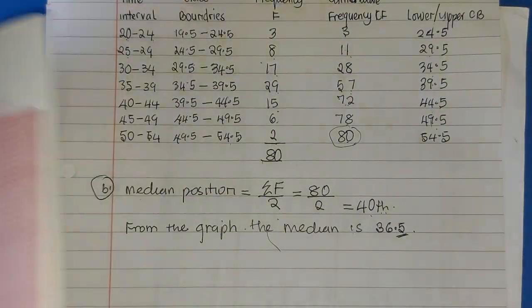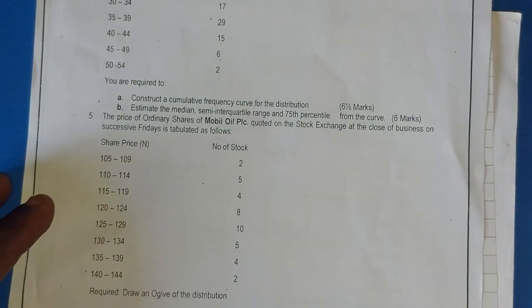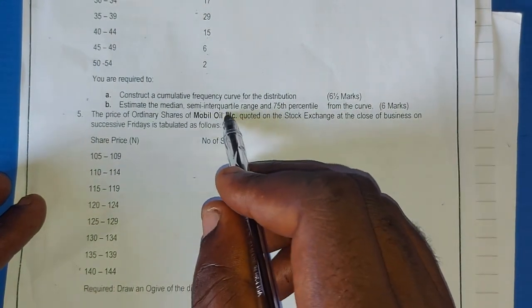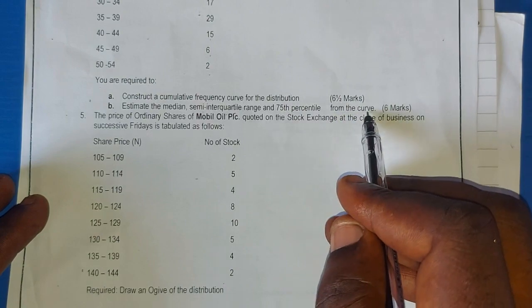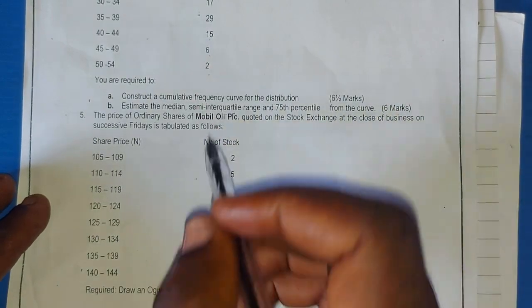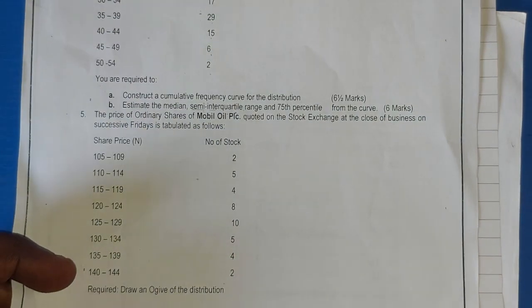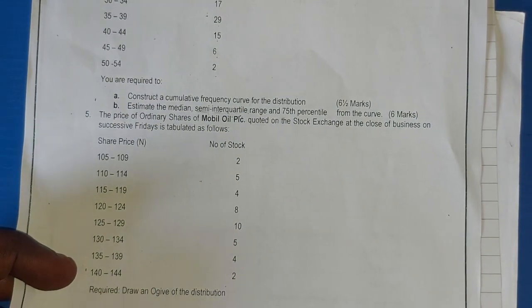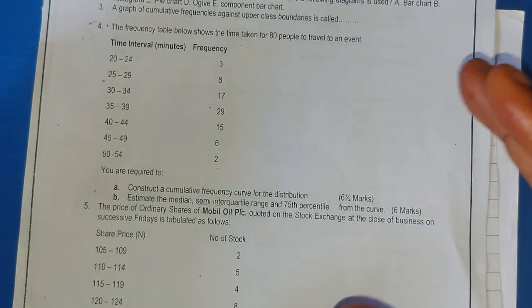Then the next question is to calculate the semi-interquartile range and the 75th percentile from the curve. So let's look at the semi-interquartile range. Okay, quartiles deal with partitioning the data into 4 equal parts.